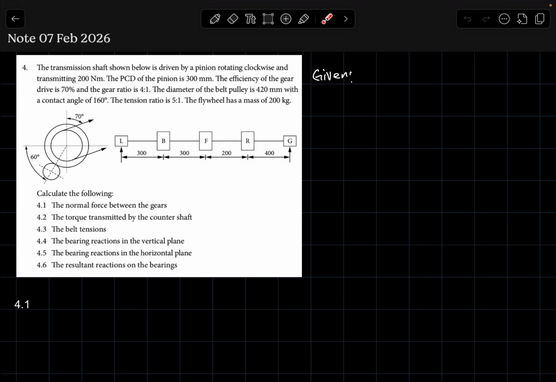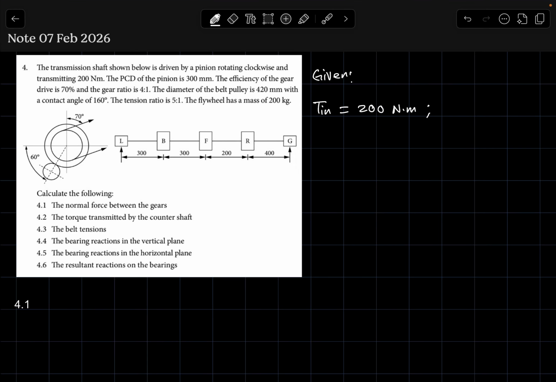So the drive shaft is fitted onto the pinion, and the pinion is rotating clockwise and transmitting 200 newton meters. So if the pinion is fitted with the input shaft, then our input torque is equal to 200 newton meters.